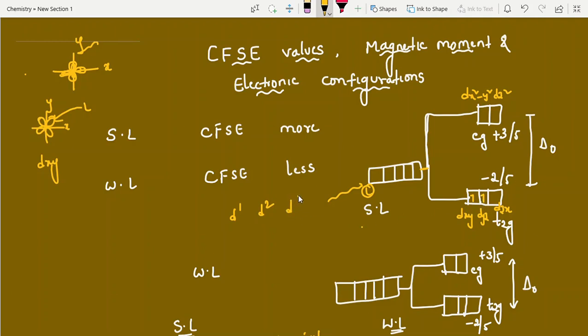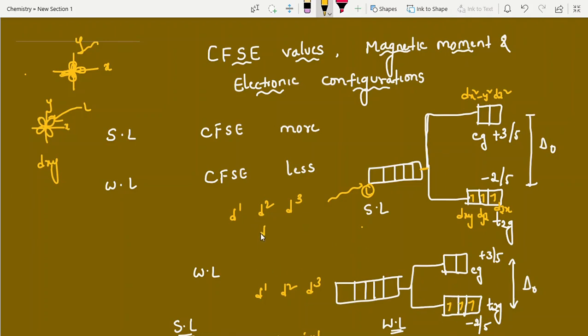If two electrons are there, it will fill here, and with 3 electrons, it will fill here. It follows Hund's rule. Even with a weak field ligand, you can take d1, d2 and d3 the same way. Strong ligand or weak ligand, for d1, d2, d3 there is no issue, there is no problem.